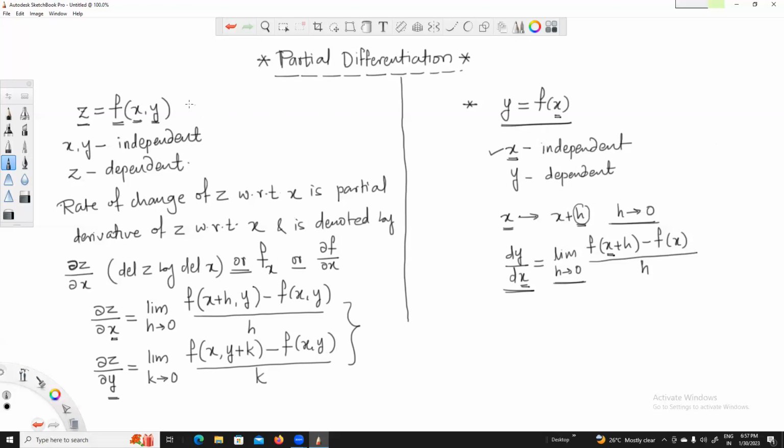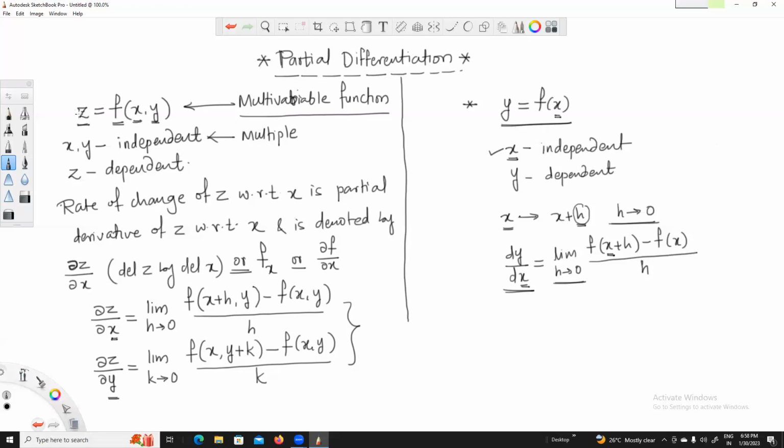So here the origin of partial derivative is the multivariable function. So what is a multivariable function? Here our function f depends on the values of x and y. So we have multiple independent variables. Multiple means more than one, and that's why we call this function a multivariable function, in which the value of z depends on both values of x and y.